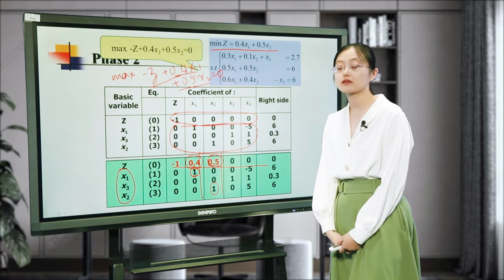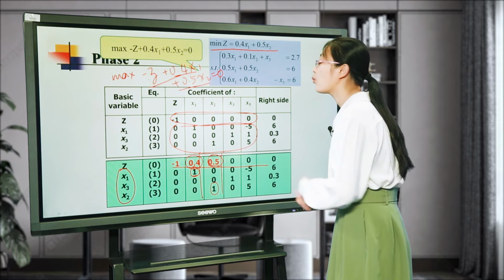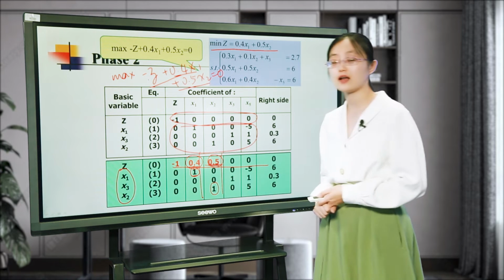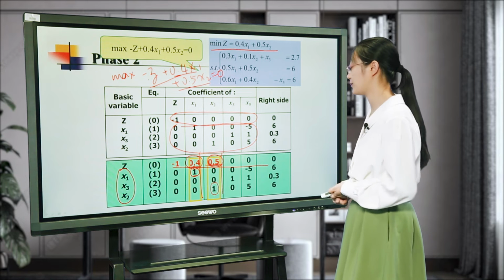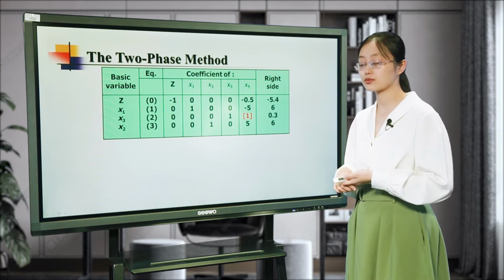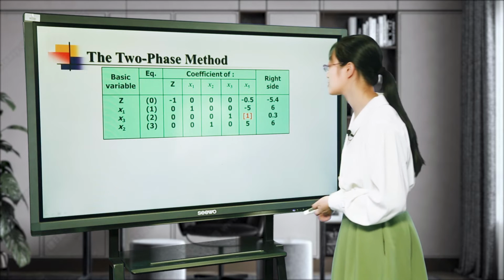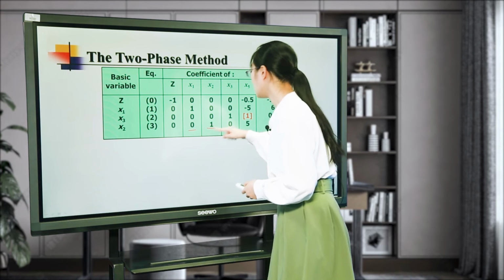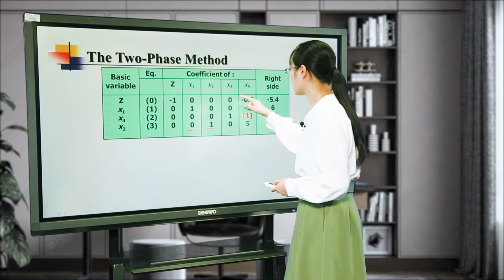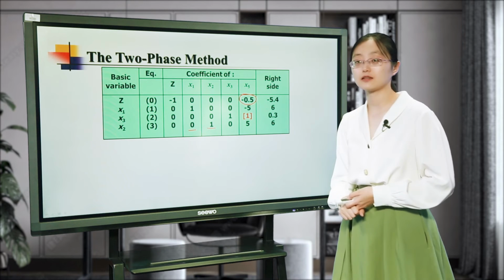So before we start our simplex method, we need one more iteration to make these values 0 by using Gaussian elimination. So after we multiply and then do the appropriate elementary row operations, making all these columns proper, we say, well, now in equation 0, there is a negative value.